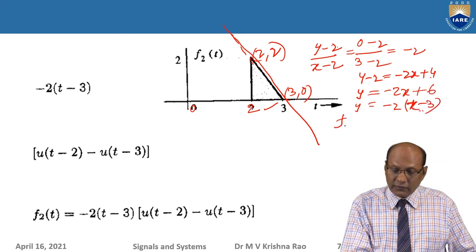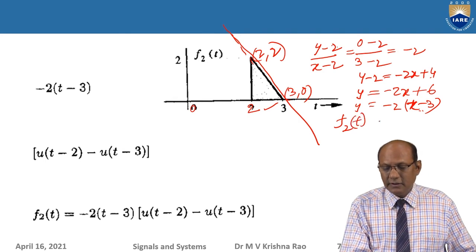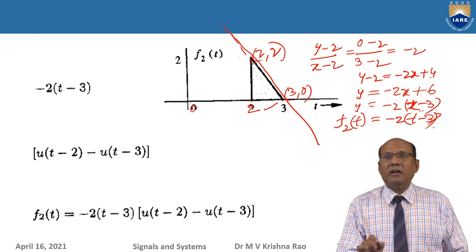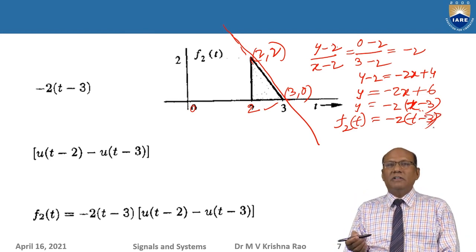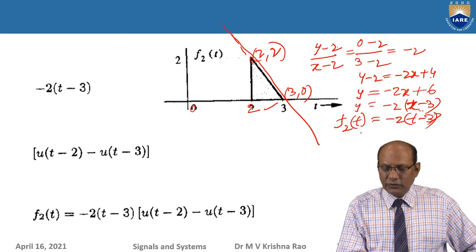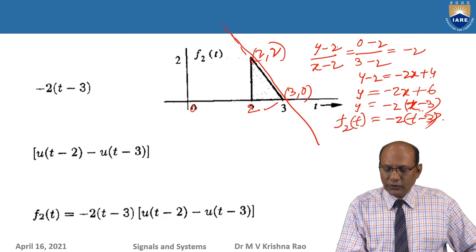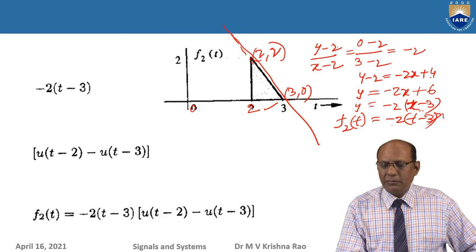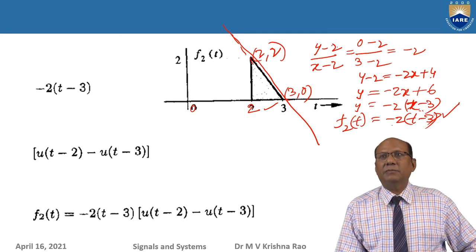Now what is my y variable? y is nothing but f2 of t on the y axis, and x is nothing but t on the x axis. So my variables are not really y and x, because we are familiar with x and y coordinates, I have used the x and y variables. So finally I have f2 as minus 2 multiplied by t minus 3. This is the expression for this.